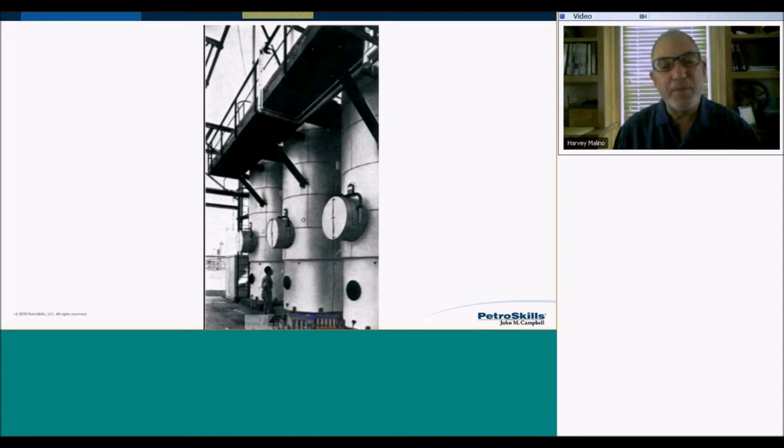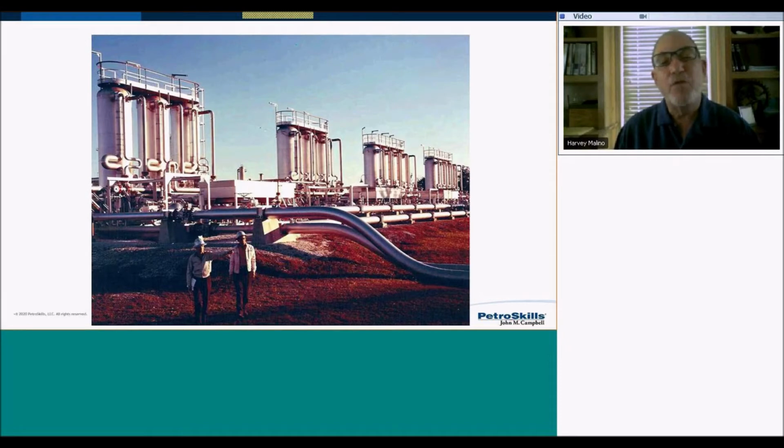Pictures of a molecular sieve unit. I love this picture. It is an old picture. You can see this guy here has no proper PPE. Molecular sieves have been used for at least 50 years, probably more. This shows a 3-vessel adsorption system. Here we have 4 trains.